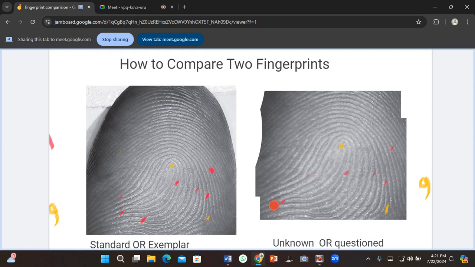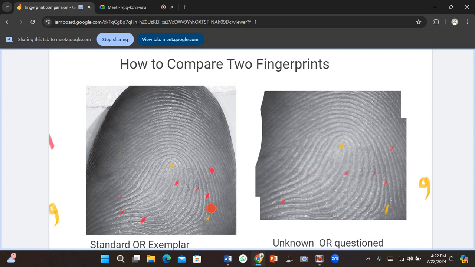Now if you look at what you have on the screen, here we have 1, 2, 3. So the distance between here and here is the same. We have three ridges between these. Looking at this one, 1, 2, 3, 4, 5. From here to here also 1, 2, 3. This one 1, 2, 3, 4.